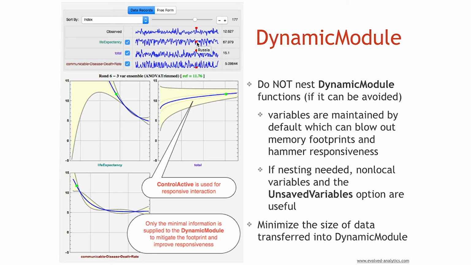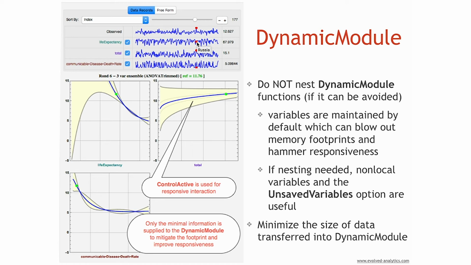Well, only 3 of the variables are in my model because I've done this analysis. So I've got functions wrapping that are not dynamic outside this, which present the DynamicModule with only the minimal information required, because I want to keep that footprint small and make it responsive. Okay, so, and because that stuff embeds.